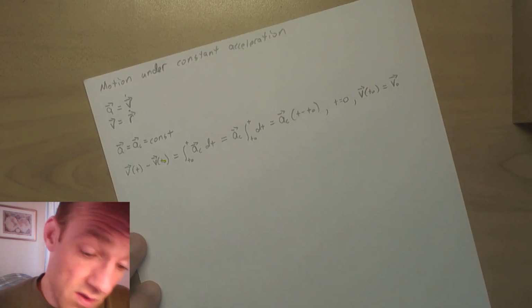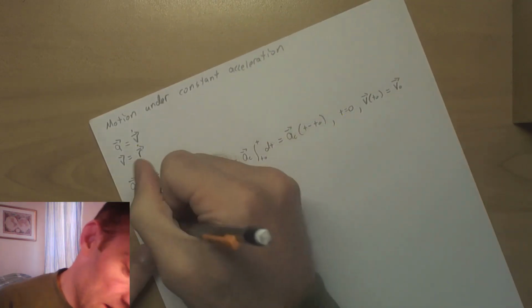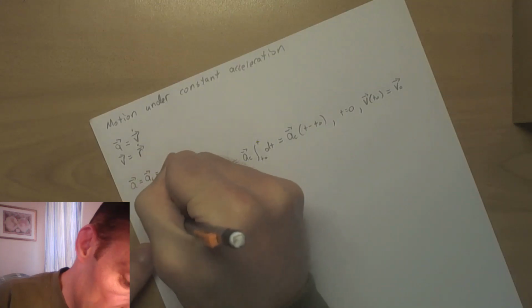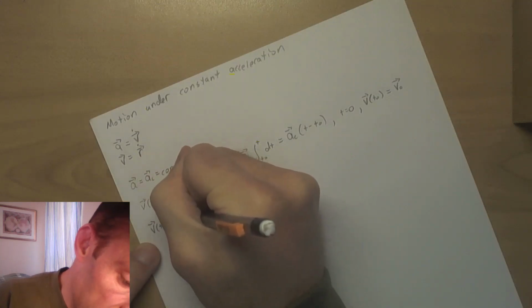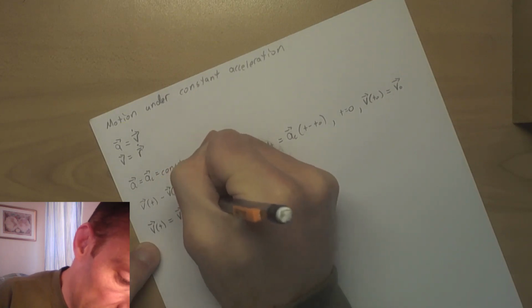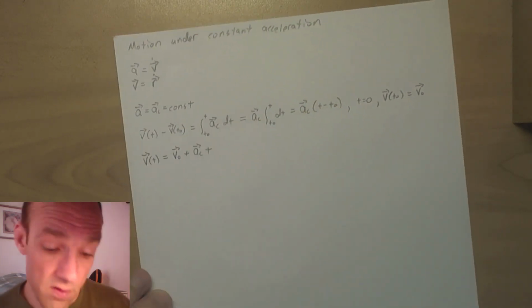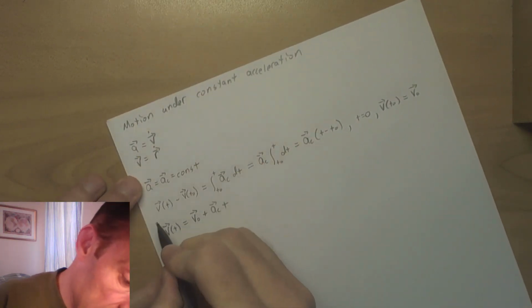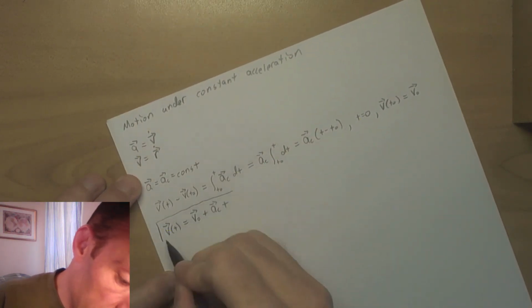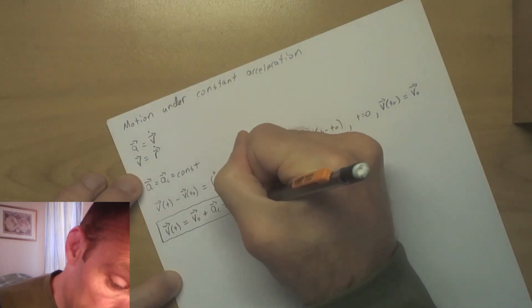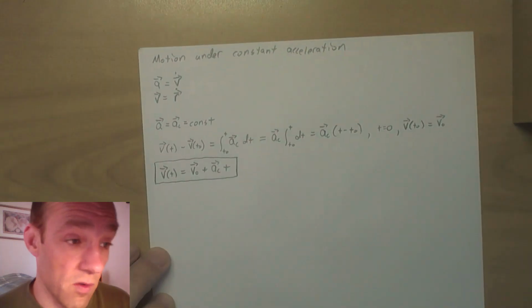Rewritten with this notation in mind, we can say that the velocity at time t is simply equal to the initial velocity plus the constant acceleration times time. That's a simple consequence of our assumption of constant acceleration.